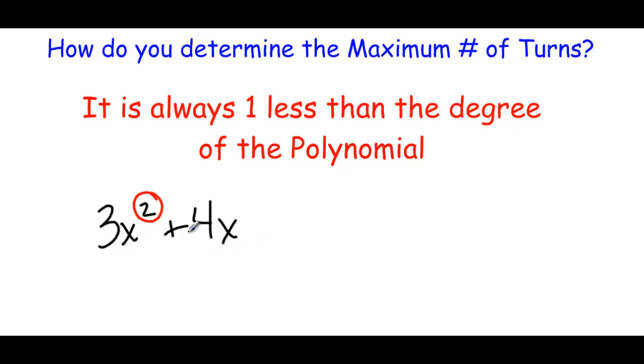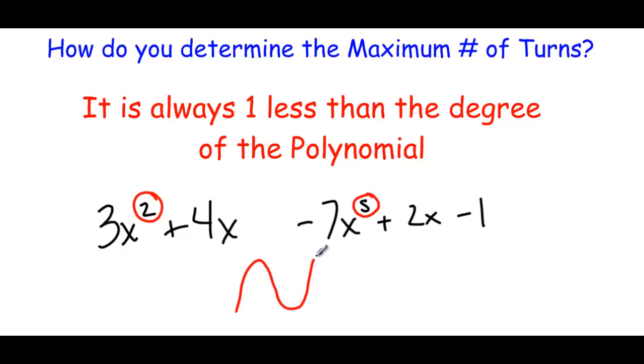But 3x squared plus 4x would have a degree of 2. If I had, for example, negative 7x to the 5th plus 2x minus 1, this would have a degree of 5. So the first one would have a maximum of 1 turn. This would have a maximum of 4. Doesn't mean it has to have that many, but that's the maximum number of times I can physically change direction, basically going from down to up or up to down.